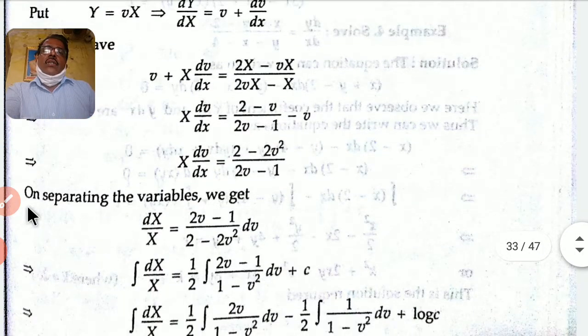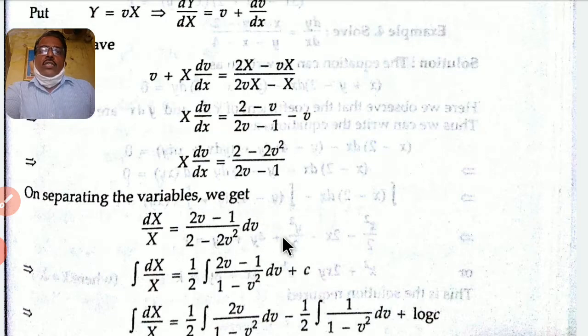Next we separate the variables. We separate capital X dX on one side and v dv on the other side. All v terms and dv terms are taken to one side, so cross multiplying, 2v minus 1 into dv divided by 2 minus 2v square.